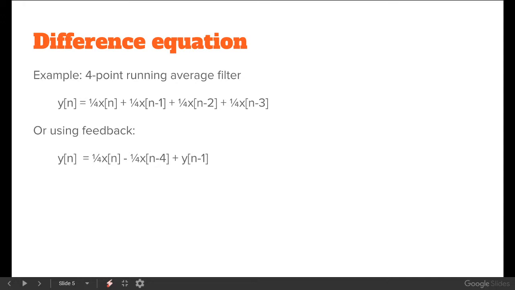And that's the 4-point running average filter difference equation.